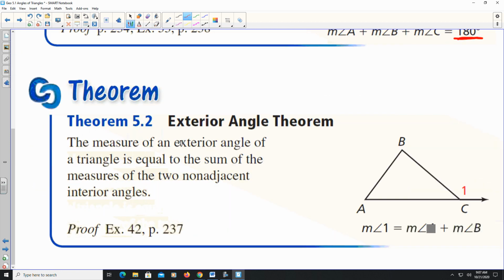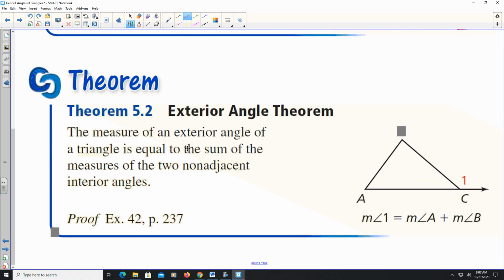If you have an exterior angle, such as angle 1 here, the Exterior Angle Theorem states that angle 1 is going to be equal to the sum of the two non-adjacent interior angles of that triangle. So in this case, angle A plus angle B will equal the measure of angle 1.